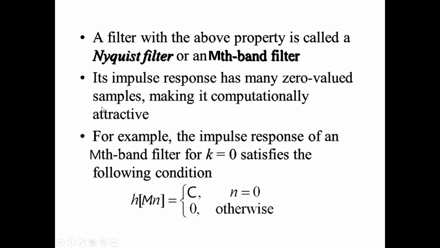Now, for example, the impulse response of an mth band filter for k equal to 0 satisfies the following condition. When we put k equal to 0, we can say that h of Mn will be equal to C, a constant value, for n equal to 0 and 0 otherwise.